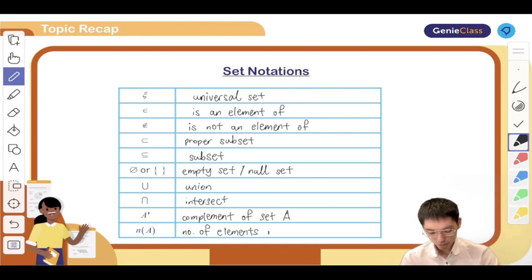This is what we have gone through in your previous lesson, just in summarized form. That's why I'm roughly going through it in a clear manner so that you don't have to go through it again on your own.